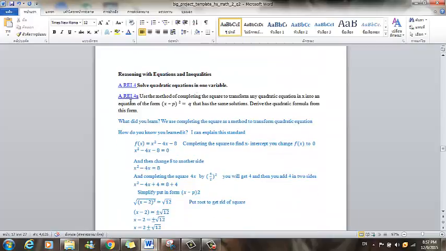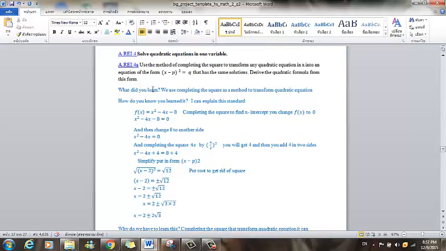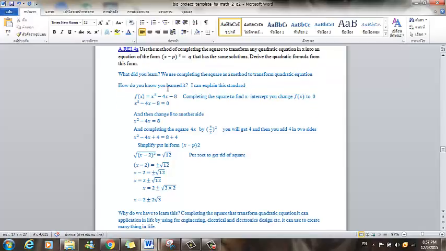The next standard is A.RE14A. This one is where we learn completing the square as a method to transform the quadratic equation. So I can explain the standard. f(x) is similar to y equals x squared minus 4x minus 8.